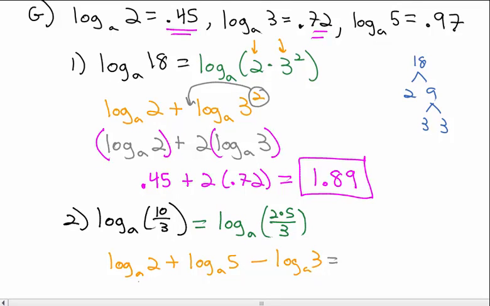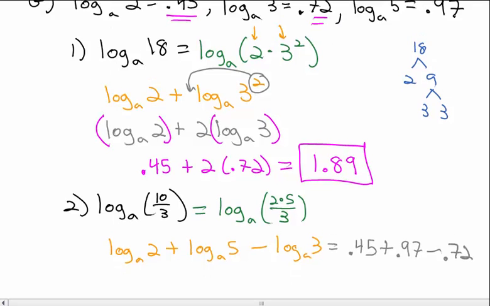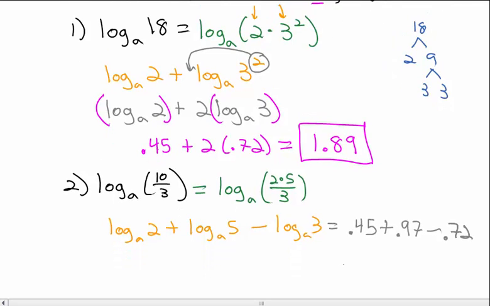But we see that log base a of 2 is equal to 0.45, plus log base a of 5 is 0.97, minus log base a of 3 is 0.72. And so 0.45 plus 0.97 minus 0.72 is 0.7. So off my screen, it equals 0.7. We now have our solution. The log of 10/3 is 0.7.